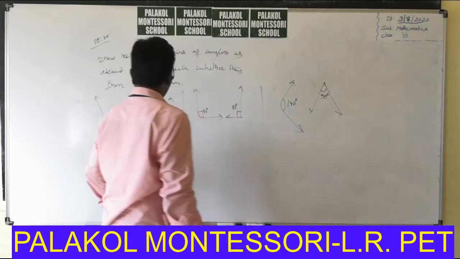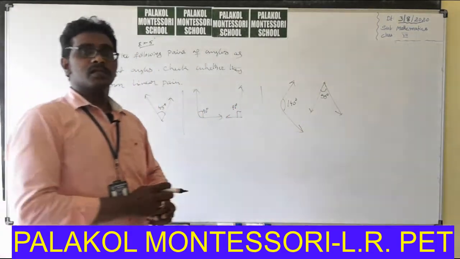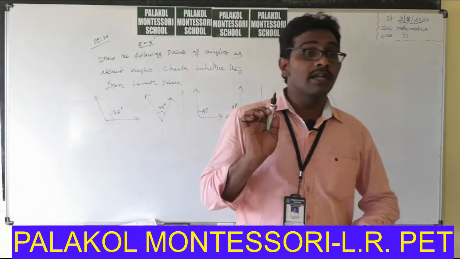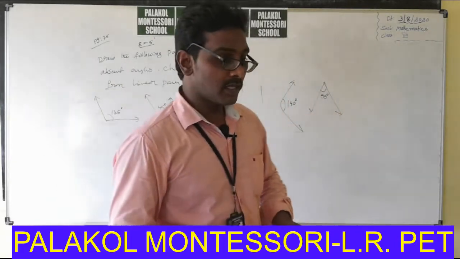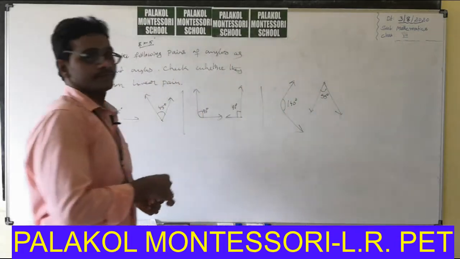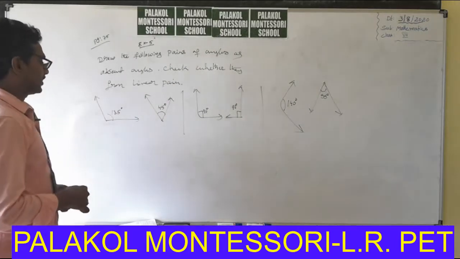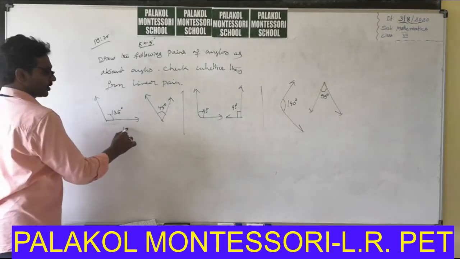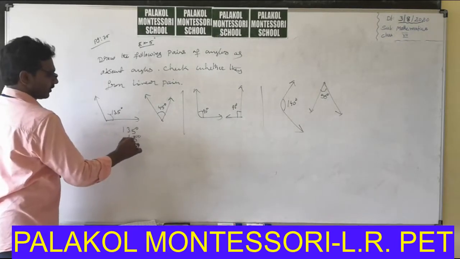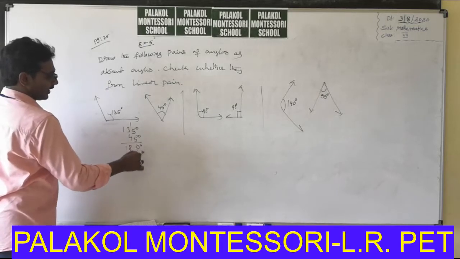Yes, guys, if the sum of the two angles is equal to 180 degrees, those angles are called supplementary. Supplementary angles also form a linear pair. Check it: 135 plus 45 degrees, see, this is 180 degrees.